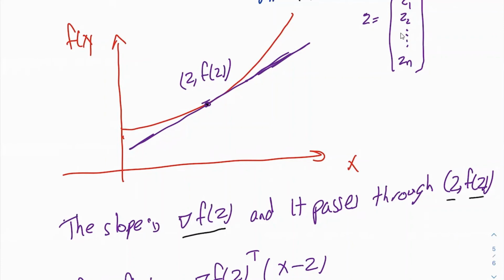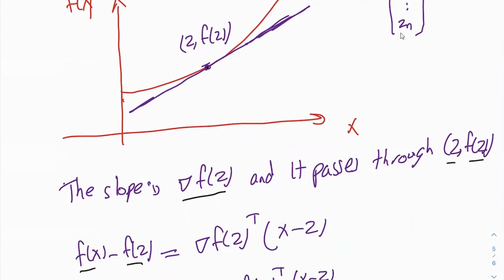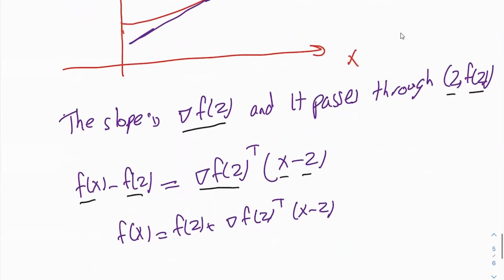We know that we can write the equation of a line when we have a point on that line and a slope, right? So we're going to go ahead and do that. f of x minus f of z is the y coordinate of the line, times the slope, the gradient of f at z transposed, since we have a vector here, right? Times x minus z, okay? When you manipulate this, f of z goes to the right-hand side, and you get this expression.